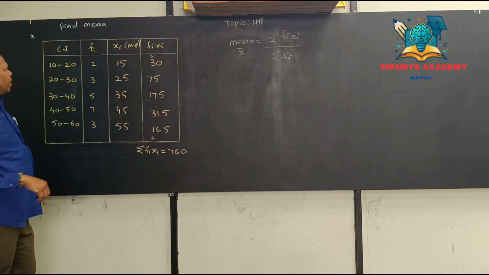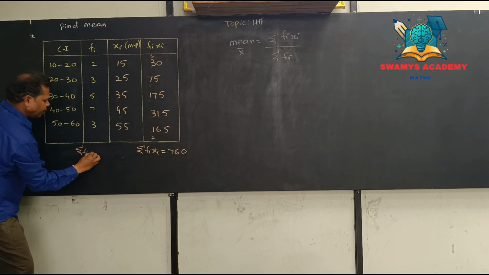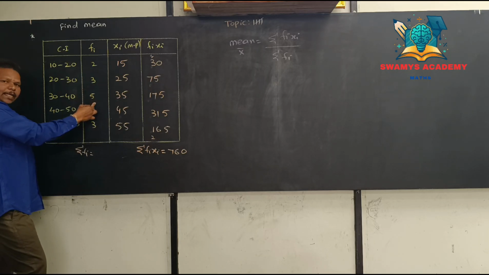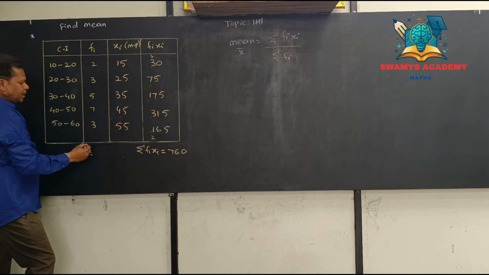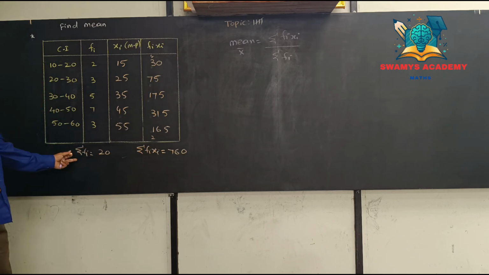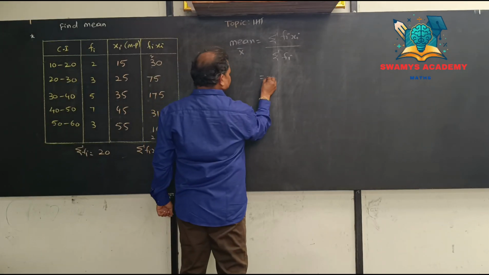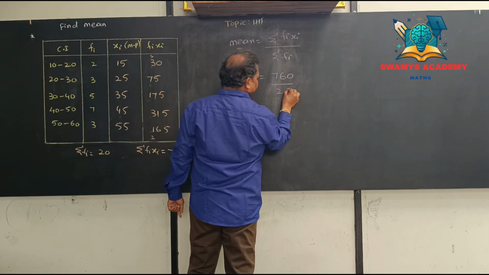Next we need to find sigma fi, meaning we add all the frequencies. So 2 plus 3, 5. 5 plus 5, 10. 10 plus 7, 17. 17 plus 3 becomes 20. So now you have both answers. Substitute the values: sigma fi xi is 760 and sigma fi is 20.